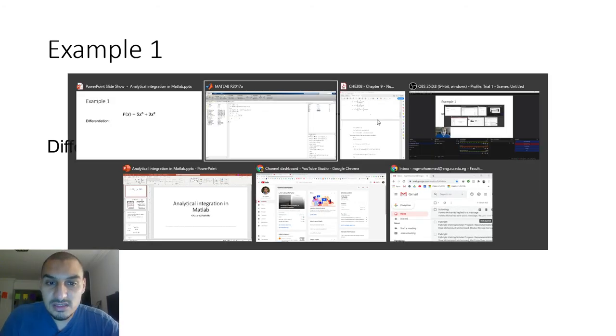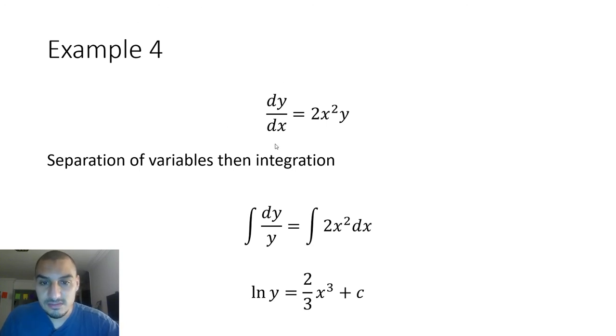But in some other cases, you would see cases like this: you have dy by dx, so you have the two variables here, and the two variables are also shown on the other side. And what we know is that to do this, you have to do separation of variables first. You have to get y on one side and x on the other side, and then do the integration.